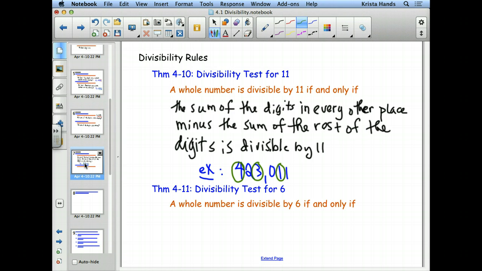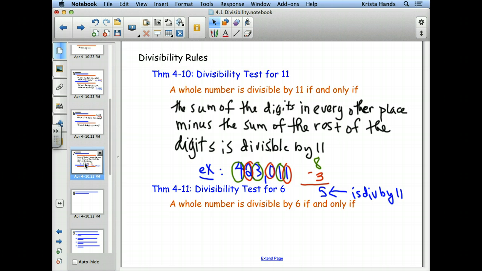So 4 plus 3 plus 1 is 8. And then you add up the other ones. 2 plus 0 plus 1 is 3. And you subtract these. 8 minus 3 is 5. If this value is divisible by 11, then the original value was.